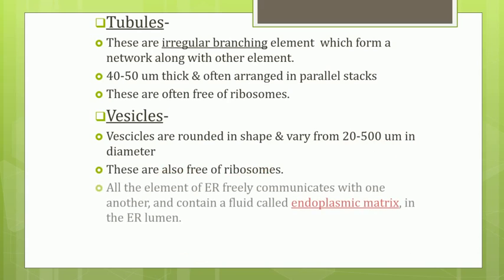Now all these three elements, that is vesicles, tubules and the cisternae, are in contact with each other, so they communicate with one another, and all of them contain a fluid that is called endoplasmic matrix. The inside of the endoplasmic reticulum is hollow, and in that hollow space you have a liquid called endoplasmic matrix.